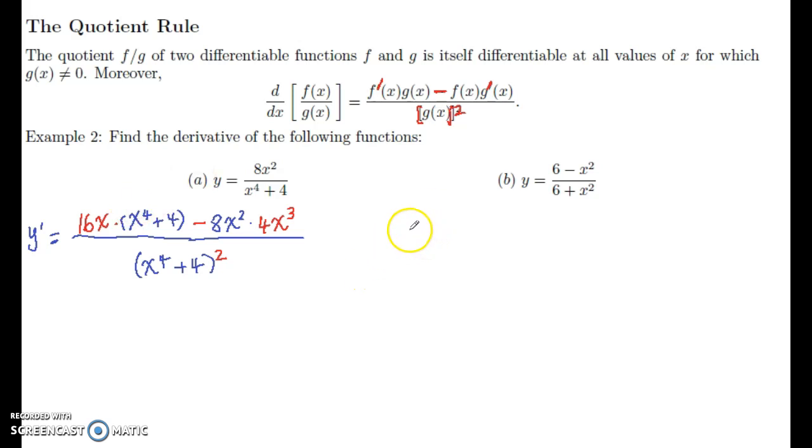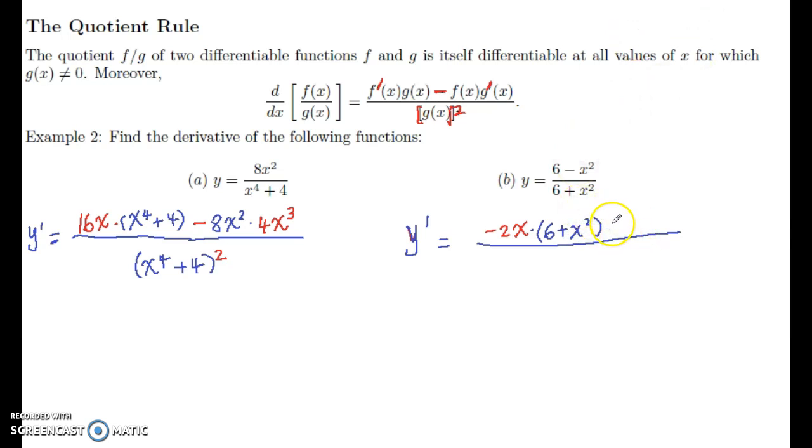Okay, second example, same thing. Y prime will equal the quotient. The first thing you do is take the derivative of the numerator. Okay, the derivative of 6 minus x squared is negative 2x. So you multiply that with the denominator, 6 plus x squared.